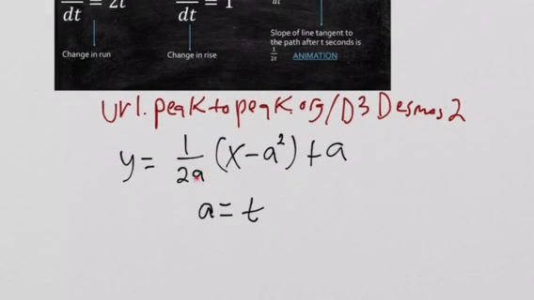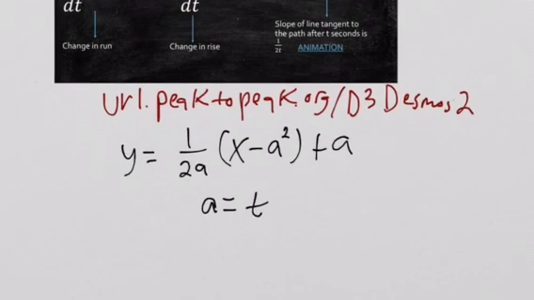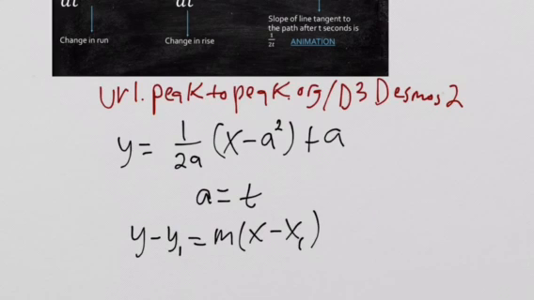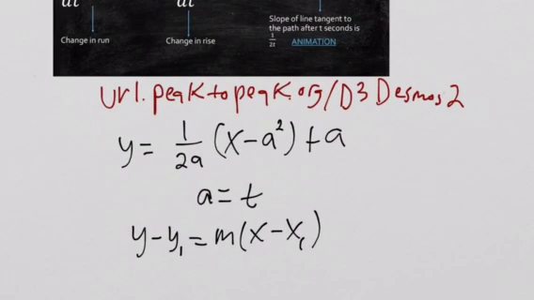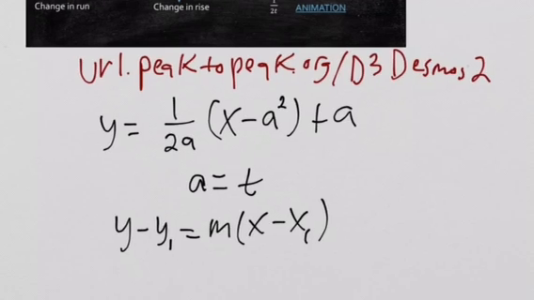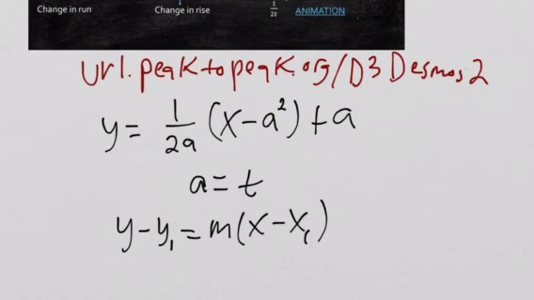So where does this come from? Well, remember that you can write the equation of a line by doing y minus y1 equals m times x minus x1. So how is y determined in our curve? Well, y is just equal to t. So our y1 value for our Desmos slider is just going to be equal to a.